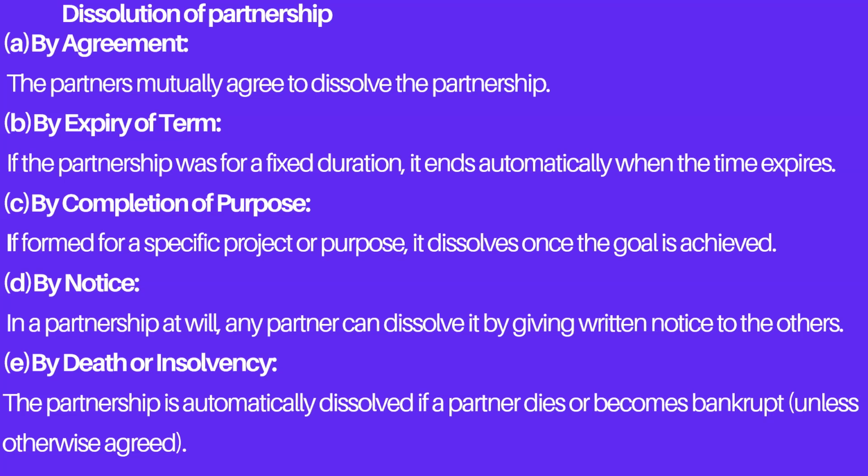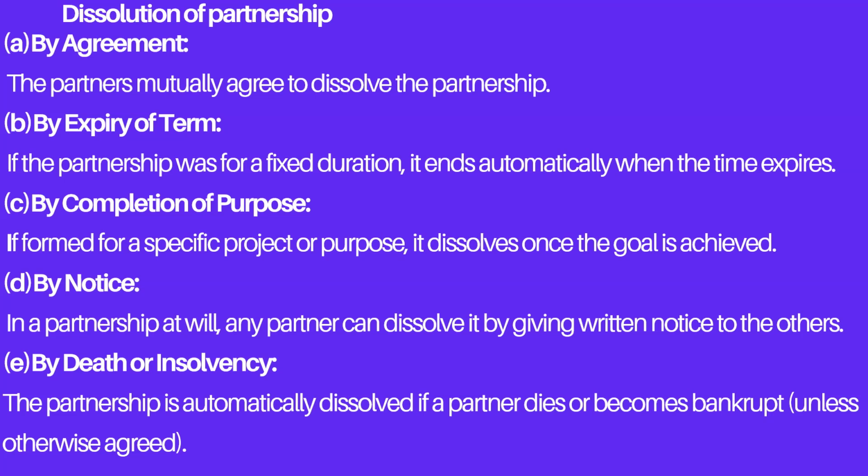There's a place we mentioned that within the lecture. So if you came into the partnership for a fixed duration of time, once that time comes to an end, you can wind up. And the other one is by completion of purpose. We note that if formed for a specific project or purpose, it dissolves once the goal is achieved.